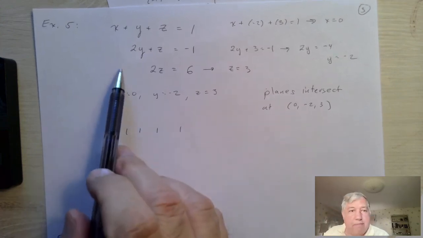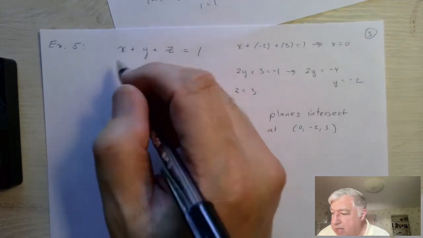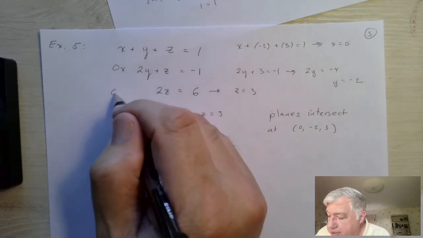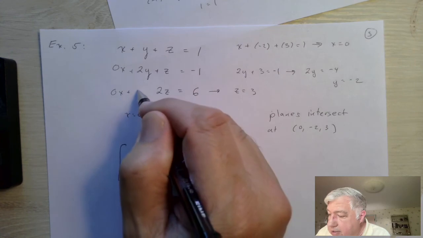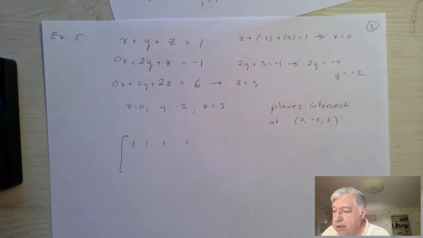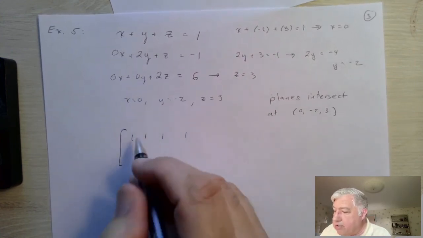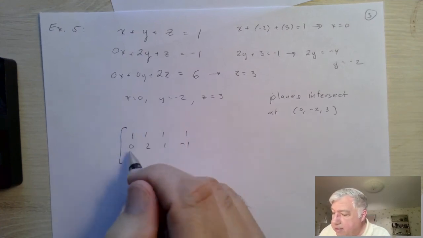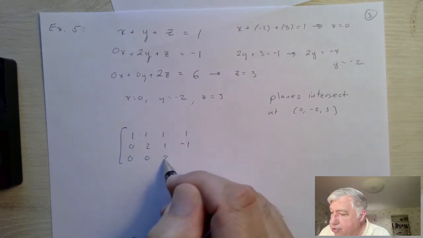Now, the only tricky part here is there is no x term, but actually there is, because we can see a 0x here, and this would be 0x plus 0y here. So the next row would be 0, 2, 1, negative 1, and then 0, 0, 2, 6.